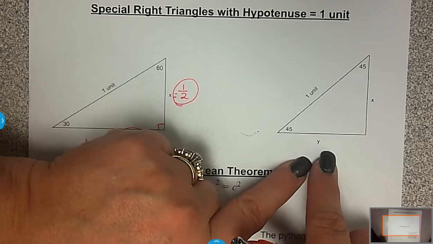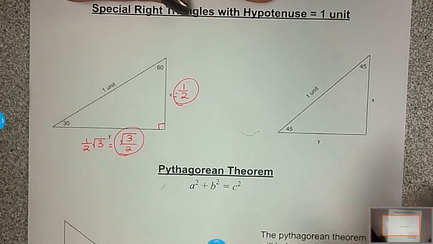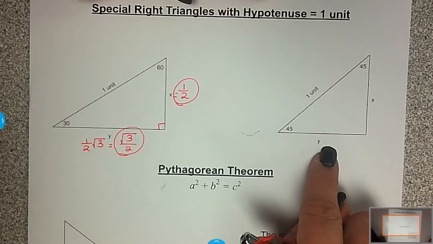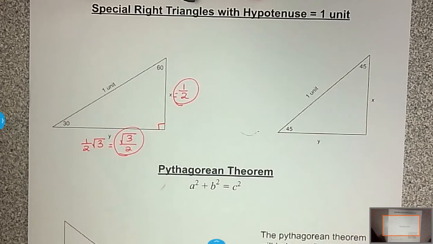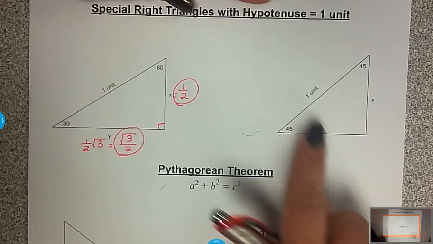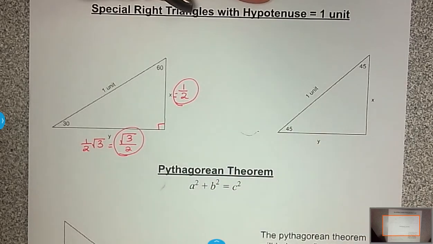And now over here for the 45, 45, 90, remember, the two legs are congruent. They are both A, and your hypotenuse is supposed to be A square root of 2. Well, my hypotenuse doesn't have a square root on it. So remember, our shortcut for getting the legs when the hypotenuse does not have a square root of 2, here's what we do.